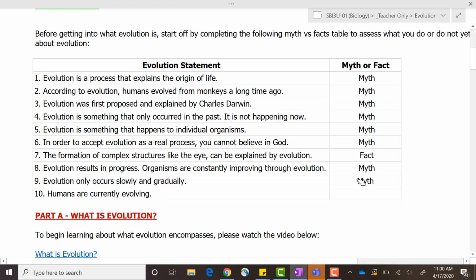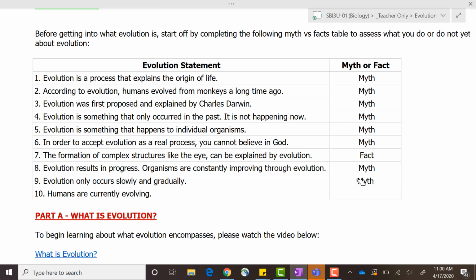And then our last statement, humans are currently evolving. This one's kind of weird to think about, because when you think about your parents and yourself and grandparents, you probably think, we haven't really changed all that much over time. It's not like grandma used to have purple eyes and now that's just been weeded out of our population. But you have to remember, we have thousands and thousands of genes.